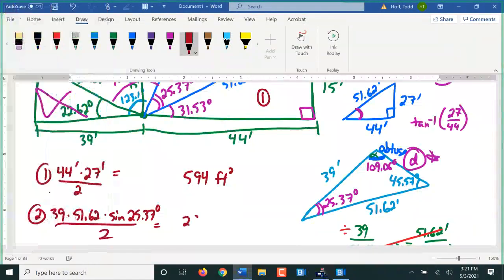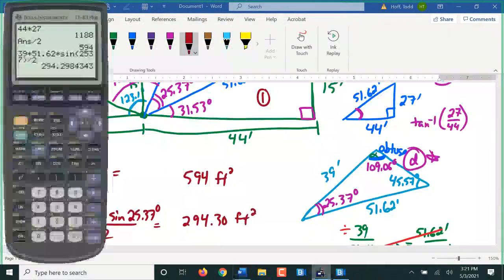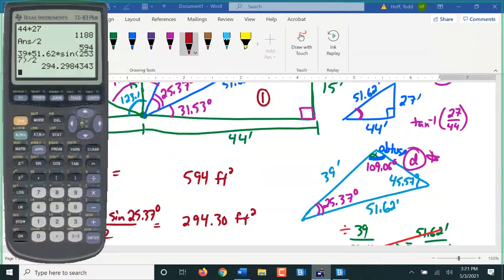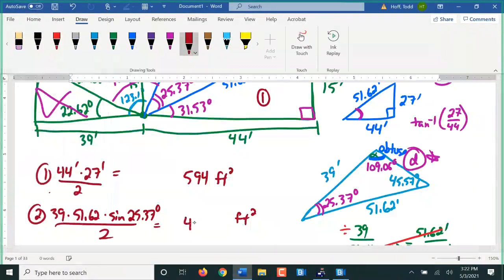Never mind. There we go. 431.29 looks better. My decimal point didn't get in my angle.